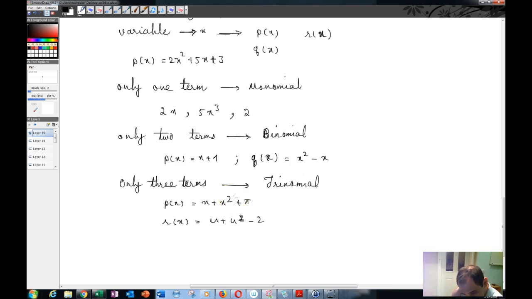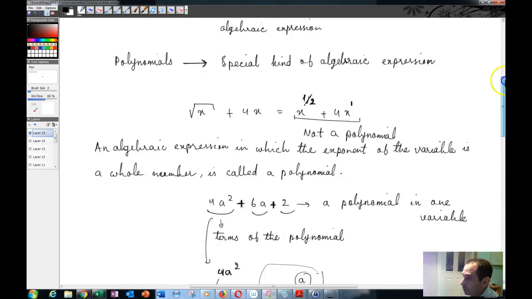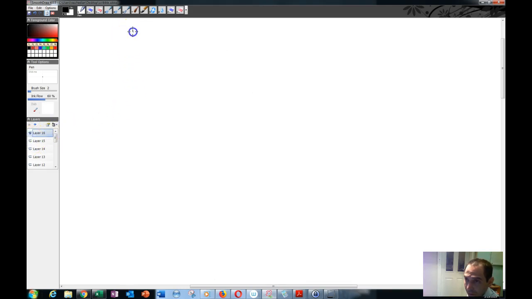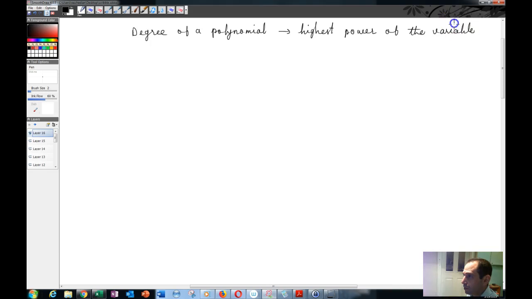And there is also something about the degree of a polynomial, and that's basically the highest power of the variable in the polynomial.